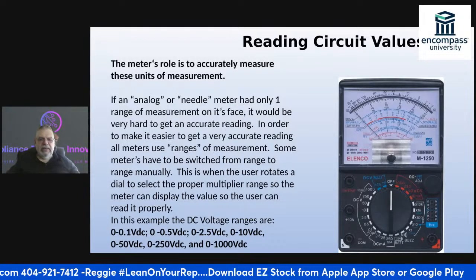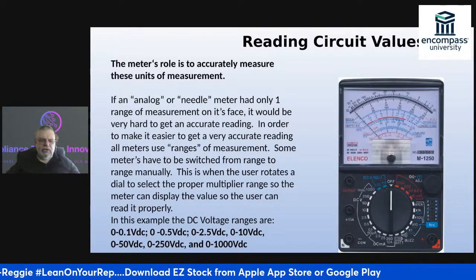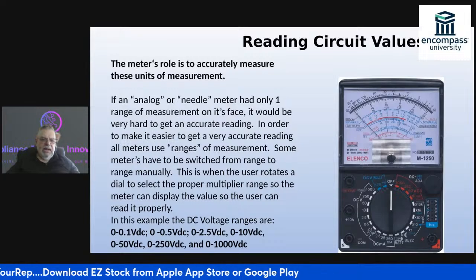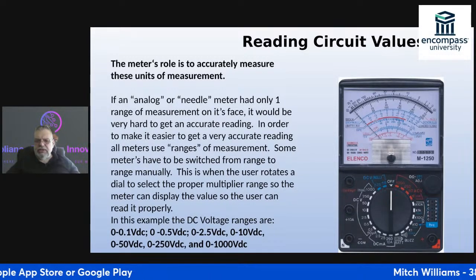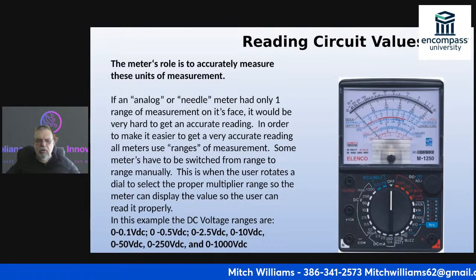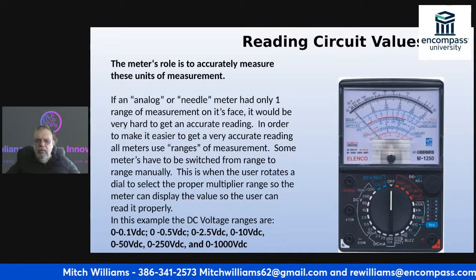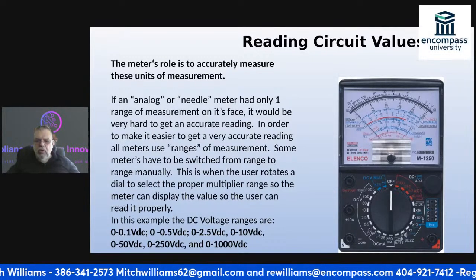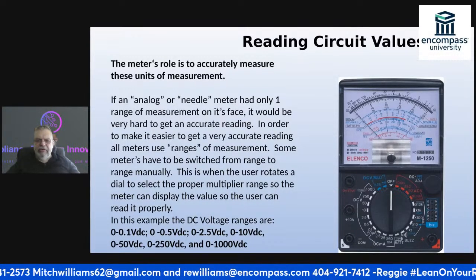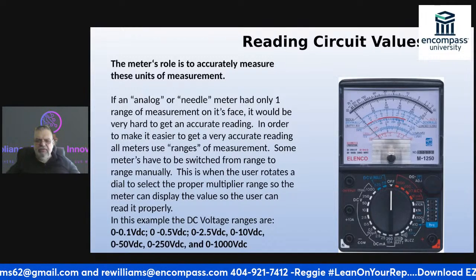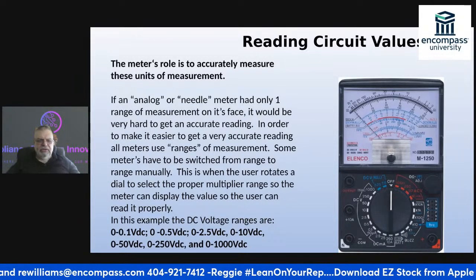An example of the DC voltage ranges. If you look down where it says DCV, you see 0.1, you see 0.5, 2.5, 10, 50, 250, and 1,000.